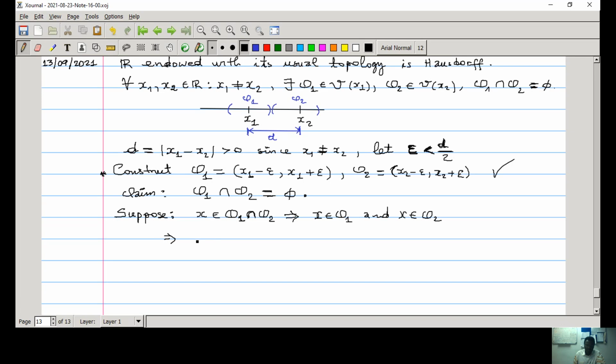So the distance between x and x1 is less than epsilon, and the distance between x and x2 is less than epsilon. That's what it means, right? Good.